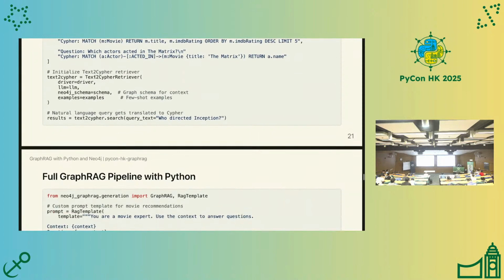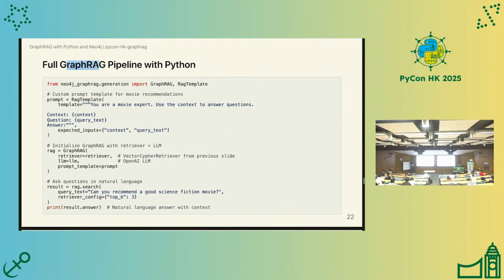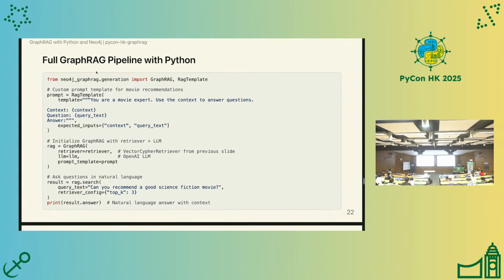Finally, to do full GraphRAG, we just need the retriever and then an LLM that can turn the information it gets into a fully conversational answer, and again use the search method to get the query text and retriever and pass in extra configs that you need and get the answer.